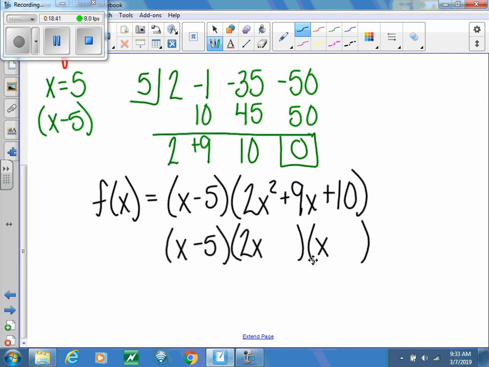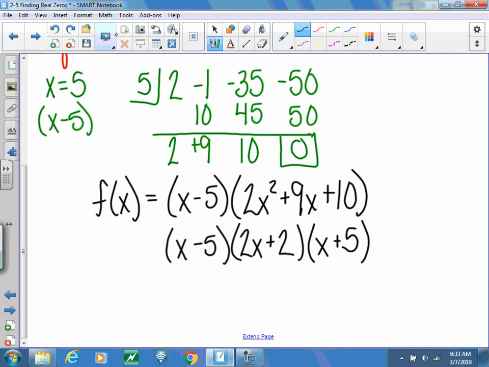So let's see, if I put a 5 here and a 2 here, will that give me what I want? Actually, I think I've got to flip those around, sorry. That's the beauty of factoring sometimes. So I actually want to put the 2 here and the 5 here. So 2x times 2 is 4x, 5 times x is 5x. That right there gives me my 9x.